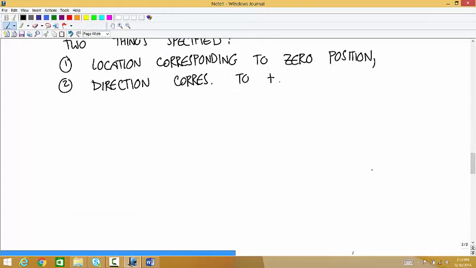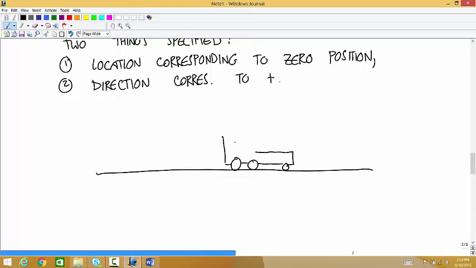So there's the line, and let's say you have a train moving along the line, because I learned how to draw a train once. In like 1804. One thing I know is trains have those cow catcher things.